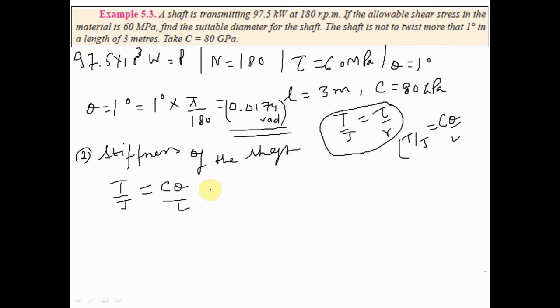So d will be coming in J, that is pi by 32 d to the power 4. So J value you can calculate separately, equal to pi by 32 times d to the power 4, which you can write as 0.0982 d to the power 4.